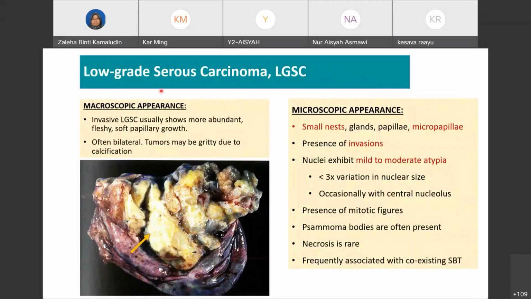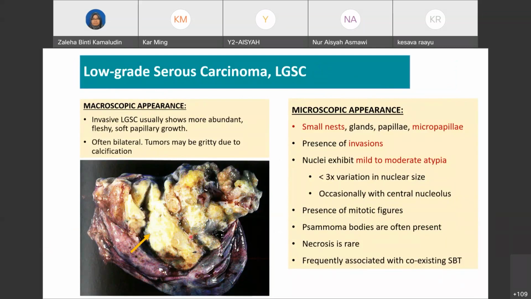The low-grade serous carcinoma, by its name, shows low-grade nuclear features. This is a cut section of the serous tumor. This is the outer surface and this is the inner surface of the tumor.